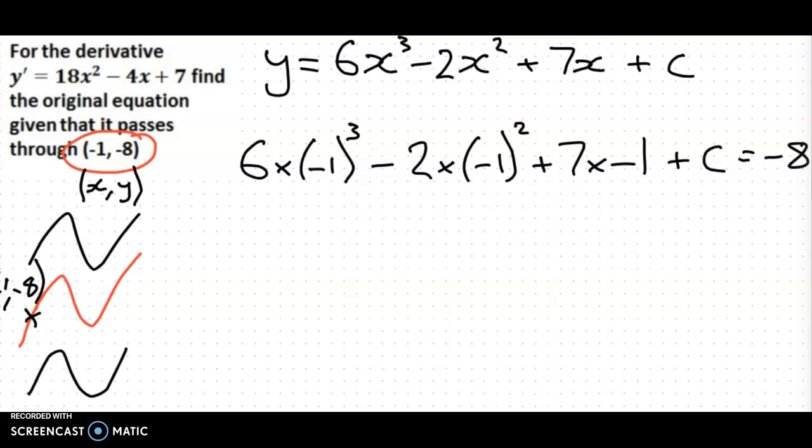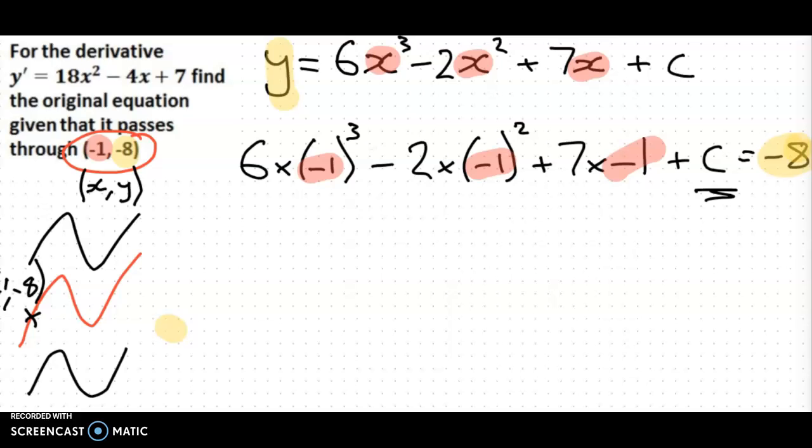So now you can see I've just substituted in x is -1, so 6x cubed means 6 times -1 cubed, x squared, so -1 squared, and 7 times -1, easy. And then y is equal to -8. I've just swapped it around that way because I'm going to be solving for c.